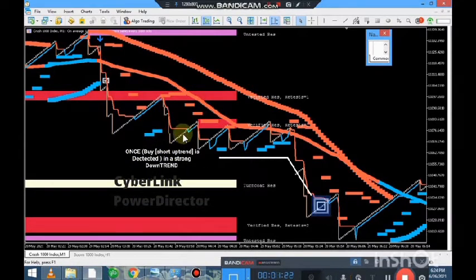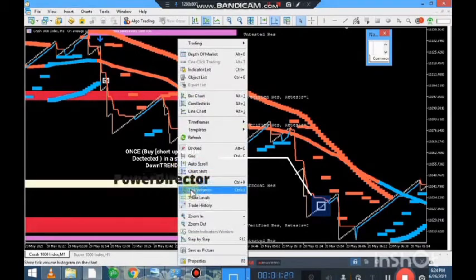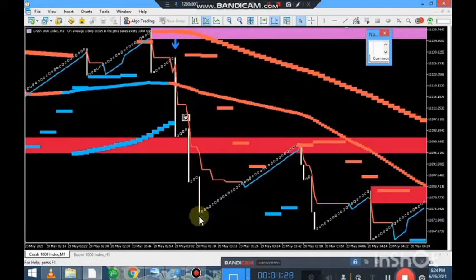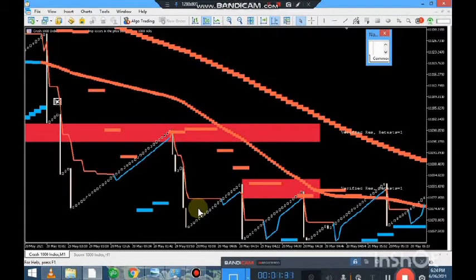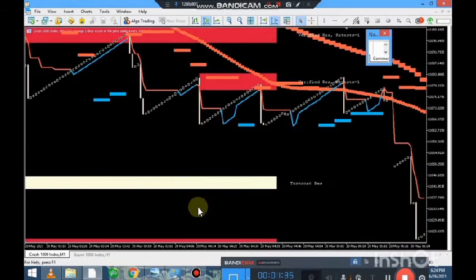Look at it now. We have almost everything on the chart: the parabolic SAR indicator, the super trend, the zone, and the trend analyzer. Look at this condition. I'm waiting for the zone indicator to reposition itself.